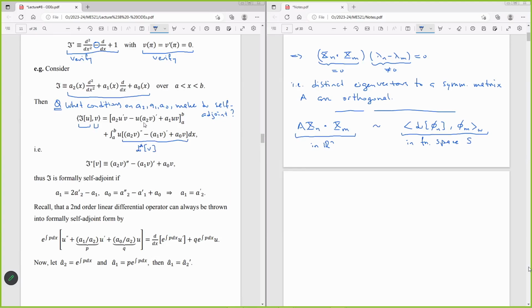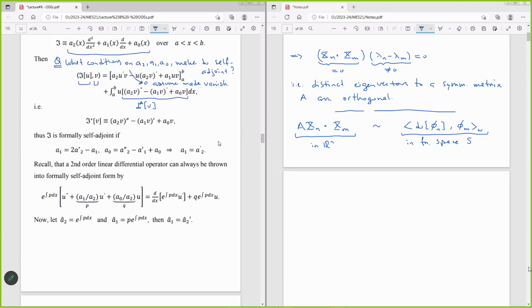Assume these all vanish. Whatever the way you do it, we assume that. It's not our concern. Okay. So this is your L star.